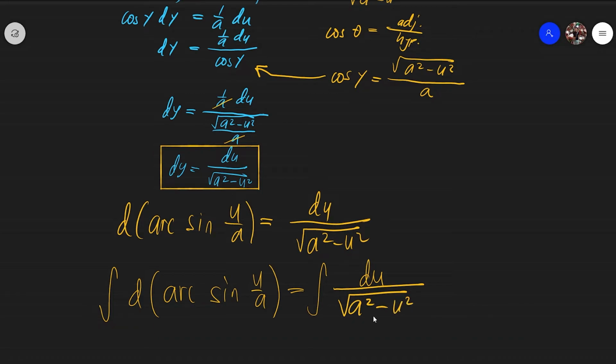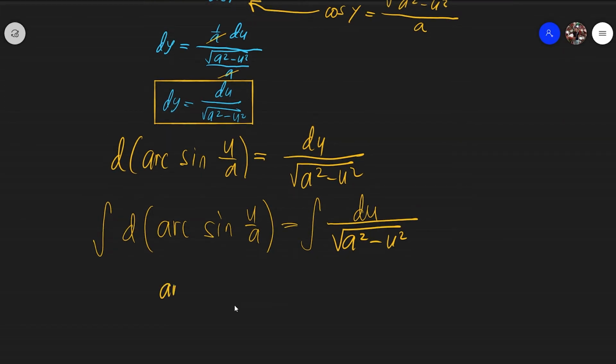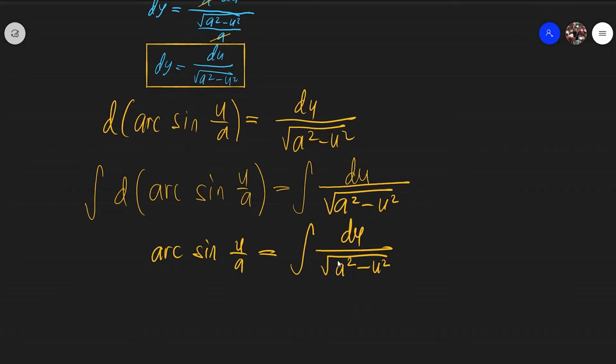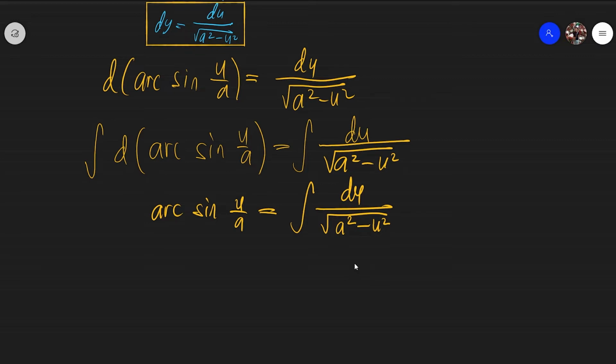So I'll just write this: the integral of du over the square root of a squared minus u squared is equal to arcsine u over a, and of course, don't forget the arbitrary constant.